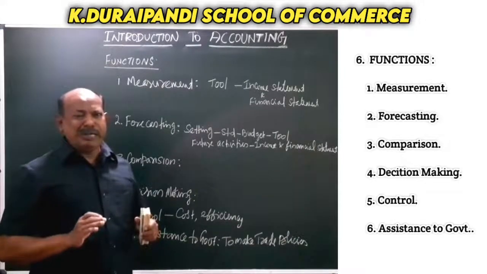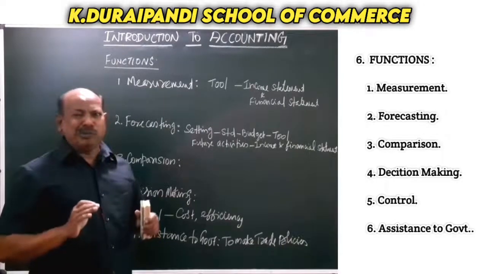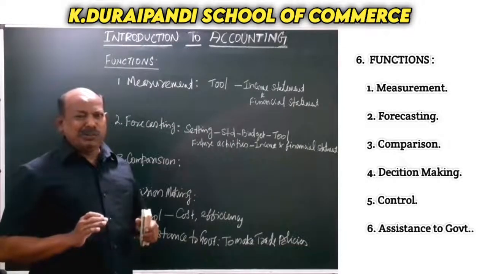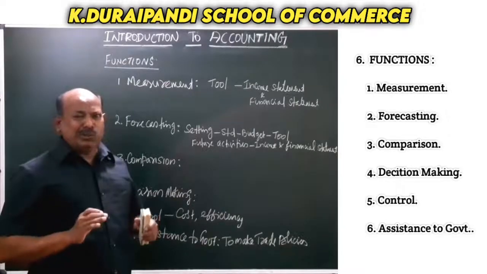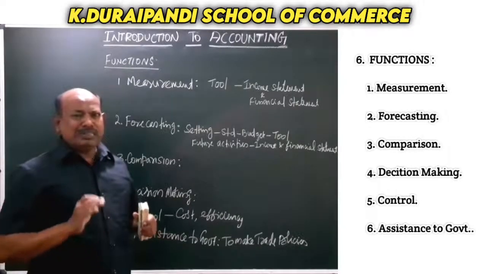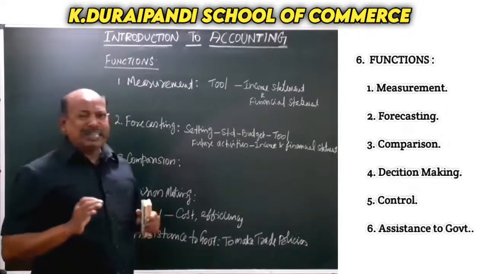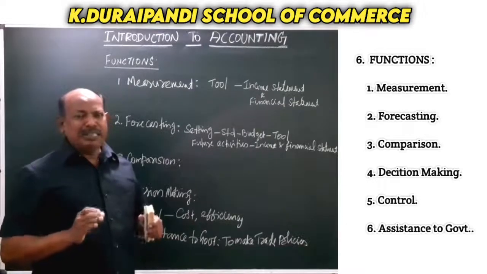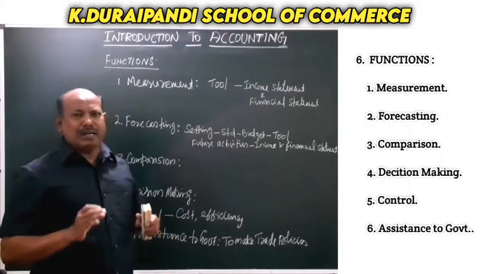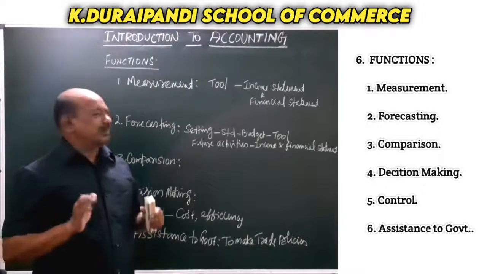From that we prepare the trading account, profit and loss account, balance sheet. So accounting is a tool for measuring the financial statement as well as the income statement. That is the main function of the accounting system or accounting record.